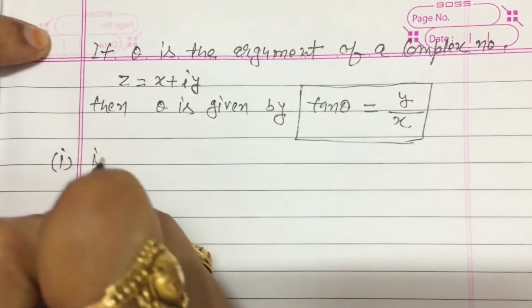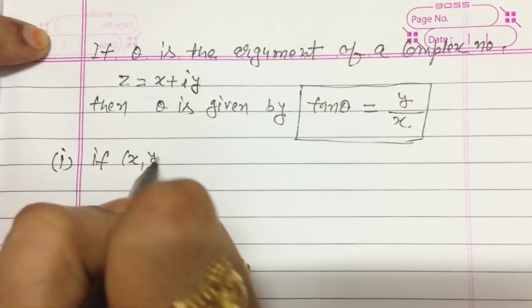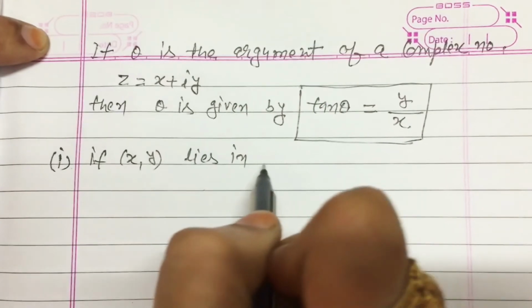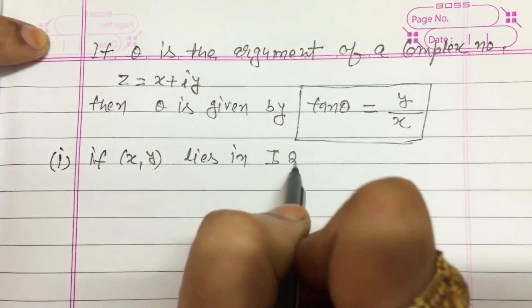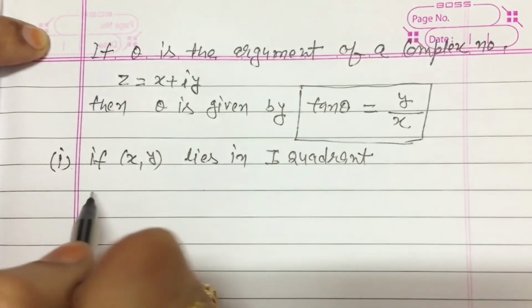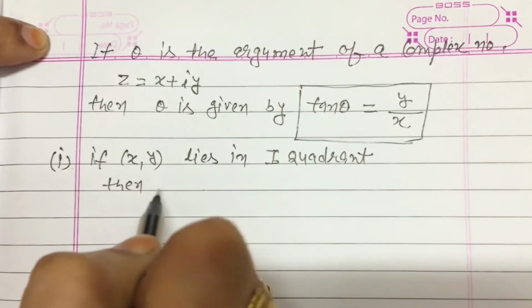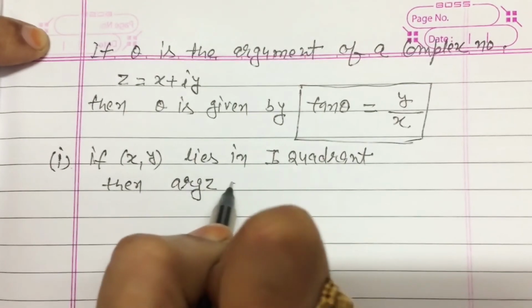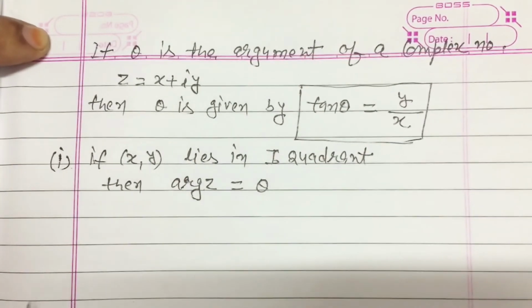First, if (x, y) lies in the first quadrant, then argument of z is equal to theta.